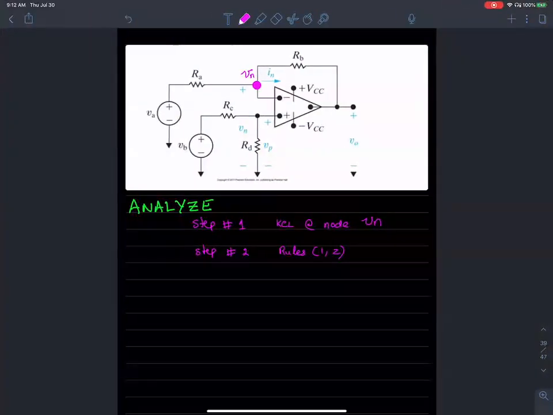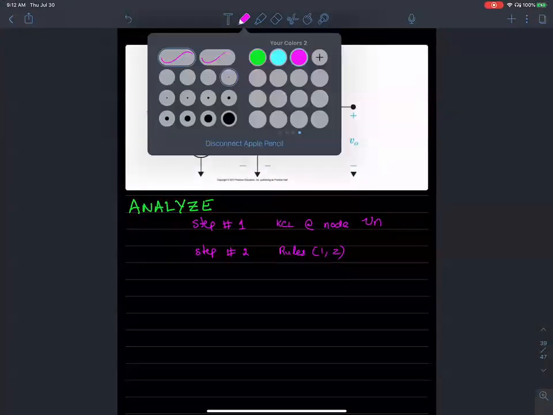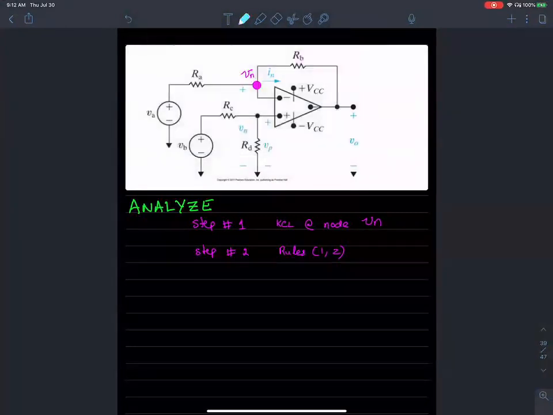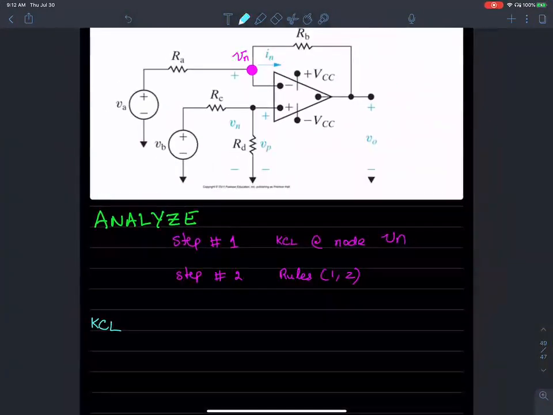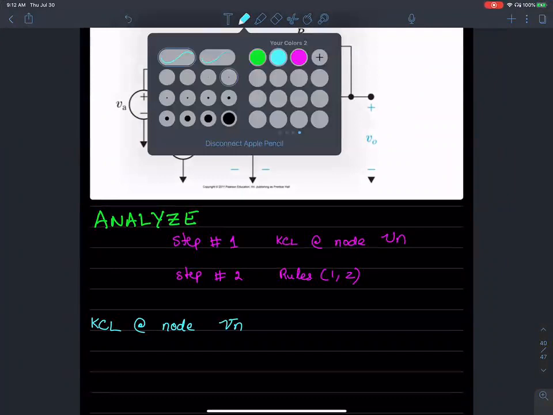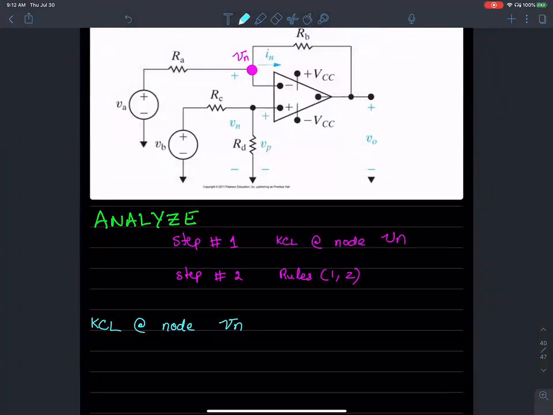Okay, let's begin. Any volunteers to help me get started? I've done the nodal analysis at VN. So let me begin. KCL at node Vn. Yeah, help me there. So I have Vn minus VA over RA.